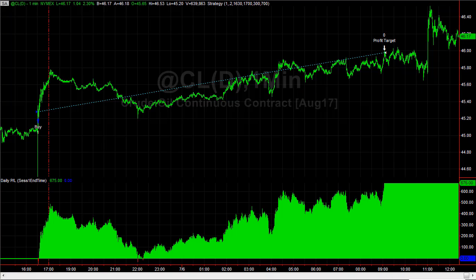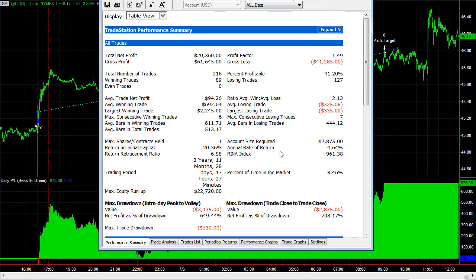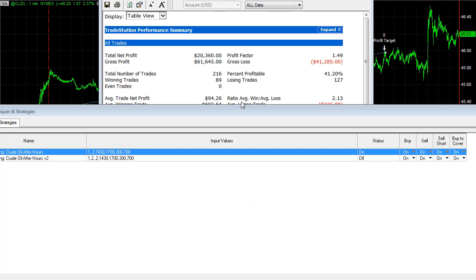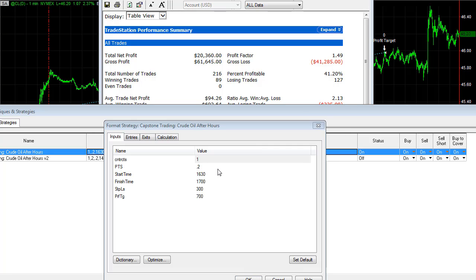Here is the performance summary for this going back 4 years, and you simply change one input from our original strategy. To take a look at the inputs, we go Format Strategies, and you see the start time is typically set to 14:30 because 14:30 is when the crude oil market closes, and there can be some moves from the time the day session closes until the 24-hour session ends at 1700.